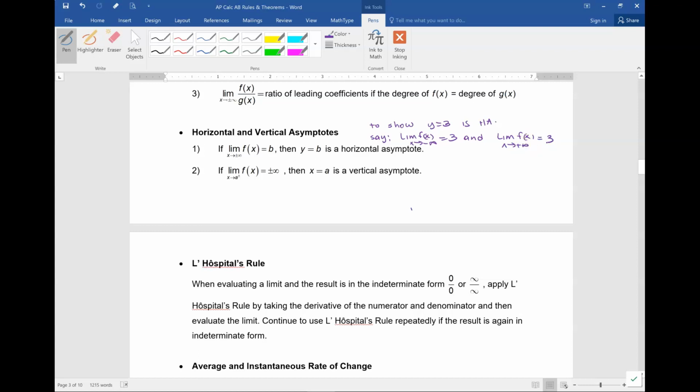So you have to explicitly state that the limit as x approaches positive infinity and negative infinity is 3.